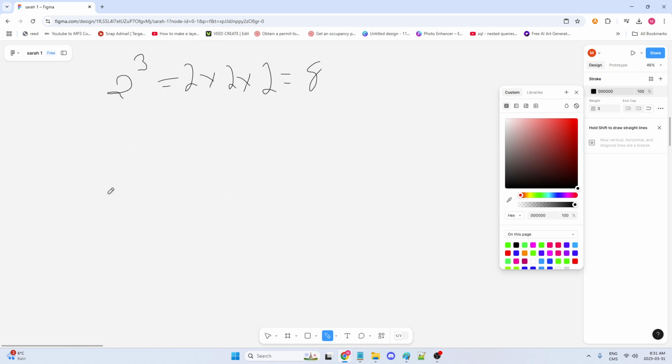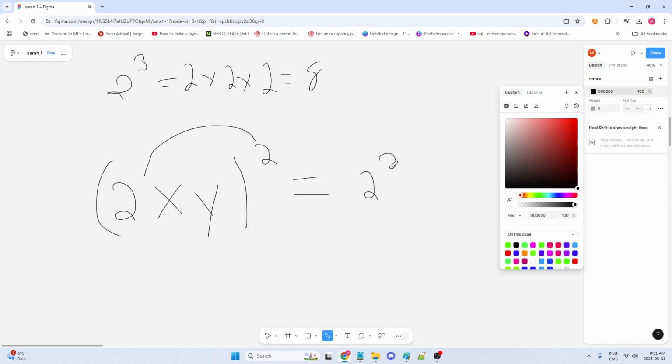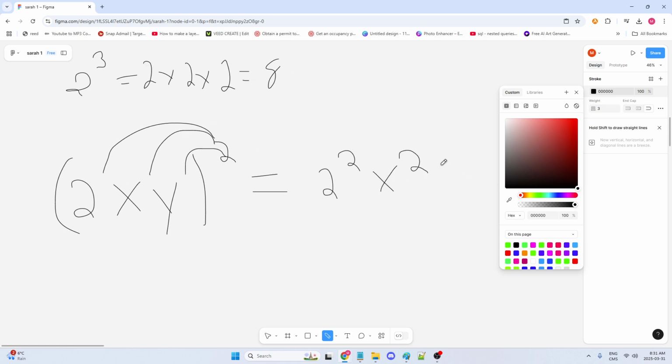Now let's continue. So you have 2 to the x, y to the 2. Now, same idea. So this 2 goes here, x to the 2, and this 2 goes here, y to the 2. Perfect.